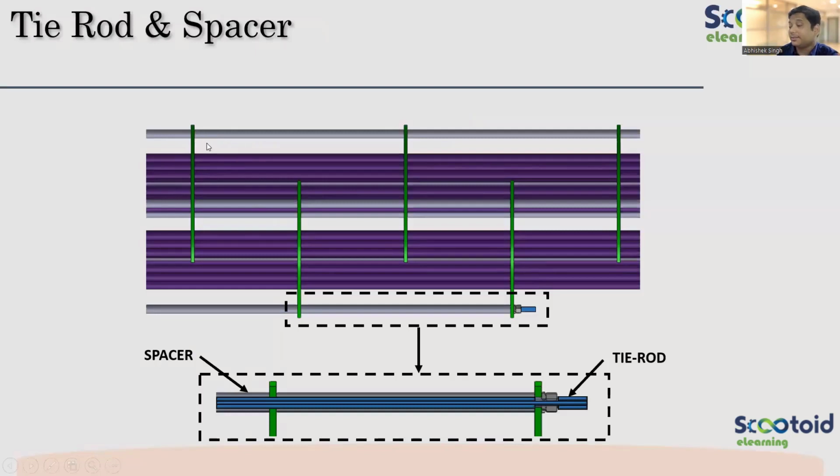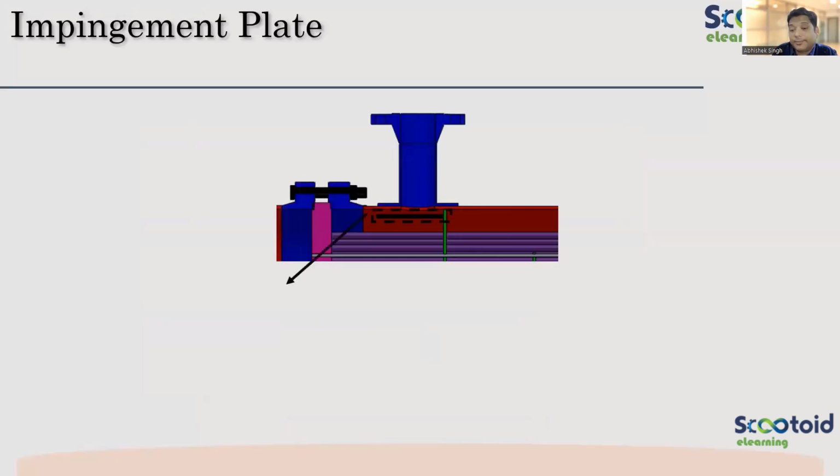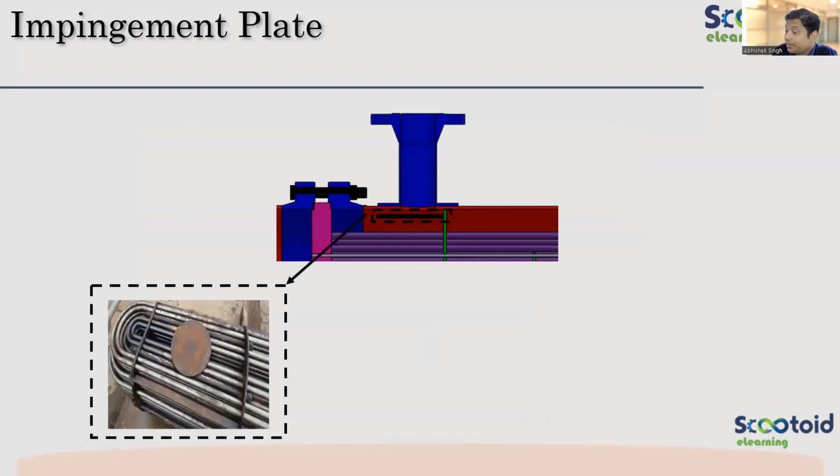By using spacers, if you have 3 tie rods going through that baffle, it will be able to fix that baffle, isn't it? We need 3-point contact. So we make sure during the design that it gets 3-point contact. Yes, it gets corroded, it gets consumed, so we have to provide a sufficient thickness. Even after corrosion, it should remain and serve the life of that heat exchanger.